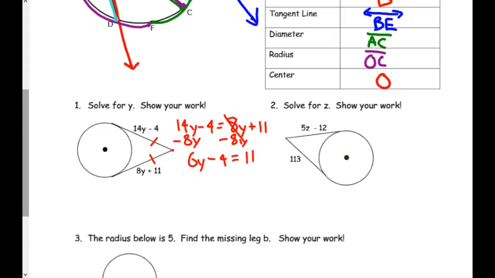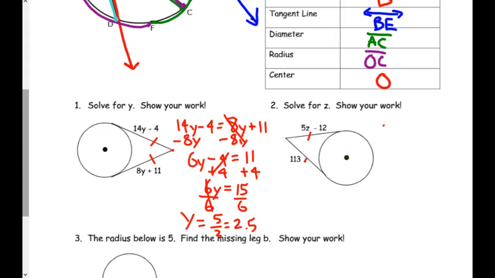Now it's a two-step problem. I get rid of my loner, the minus 4, by adding 4. 11 plus 4 is 15. Divide by 6, and we get 5 over 2, or 2.5. Same thing over here for number 2.